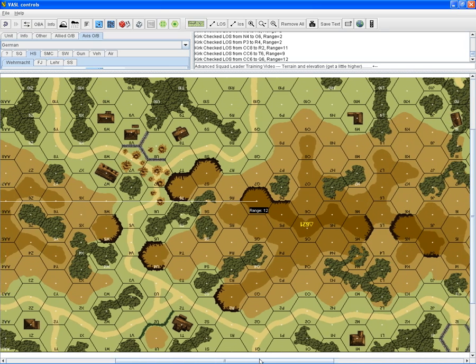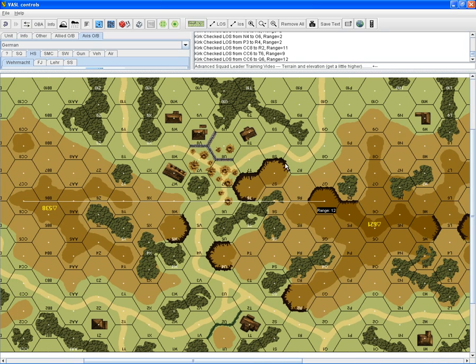For our scenario purposes, these dark brown lines here represent cliff sides, and there's some special rules with cliff sides. There's some units that can't fire adjacent up a cliffside, and there's some units that can't fire adjacent down a cliffside. So read that section over.